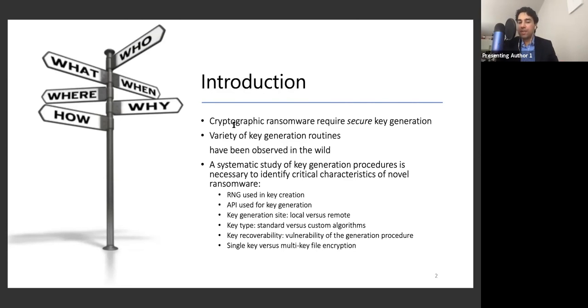Then there are questions like, did the key generation happen on the host or was it remote? Similarly, did they use a standard crypto system or a standard algorithm for encryption, or did they use custom algorithms? Basically, the idea is that we want to zero in on any potential vulnerability in this procedure in order to acquire the key.